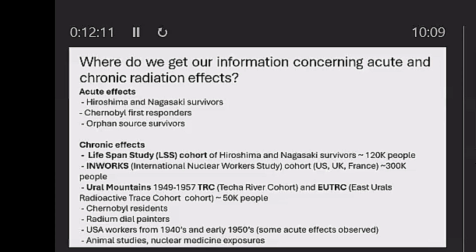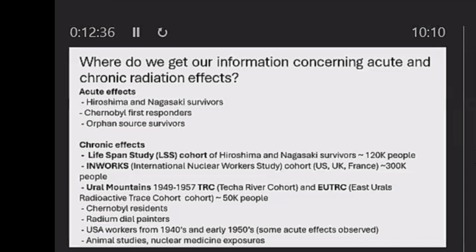A lot of them, of course, were children in these cities at the time, and they're still alive. We get it from INWORKS, which has followed about 300,000 radiation workers in the United States and Europe, and monitored them for increased cancer and leukemia rates.